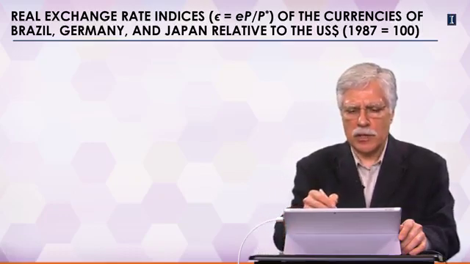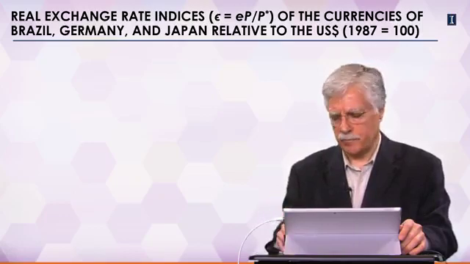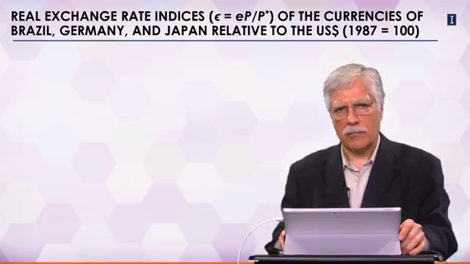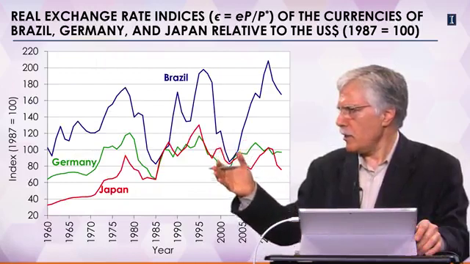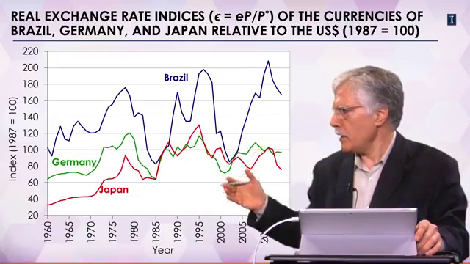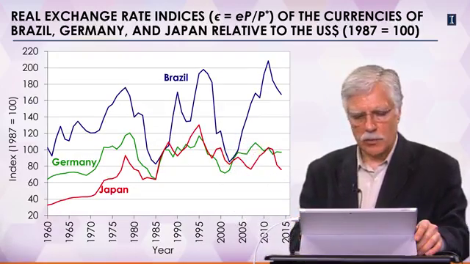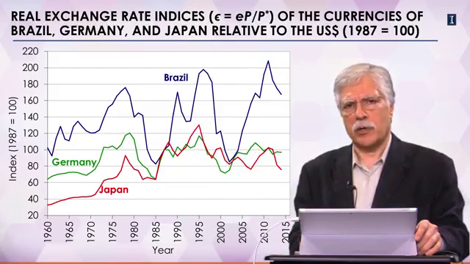I've used the market exchange rate, and for P and P star, I've used the consumer price index. And here's the outcome. So you judge whether this is a constant number or keeps going up and down, up and down. So it's not constant. The relative purchasing power parity does not seem to help.